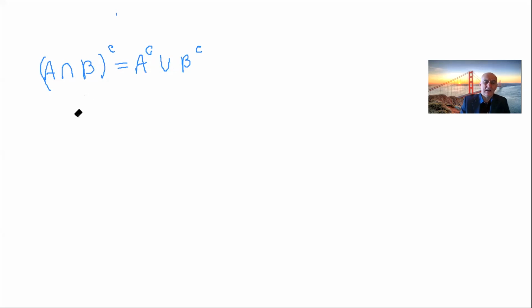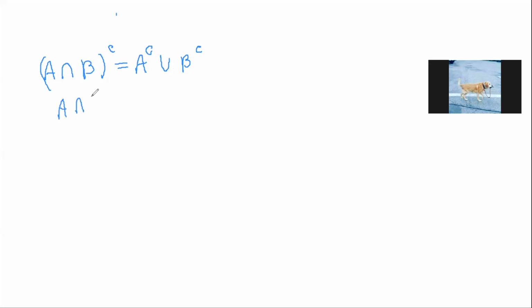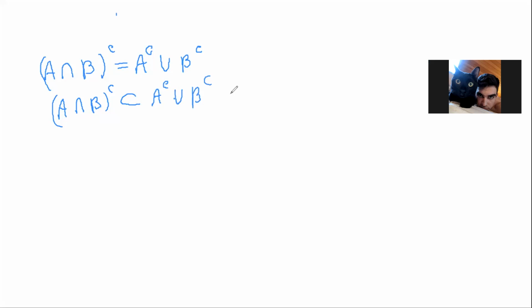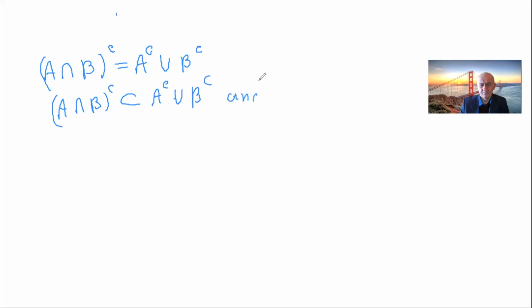Now, how can I prove it? My goal is to prove that the left side set is a subset of this set, and to prove that A C intersection B C is a subset of the left side set.